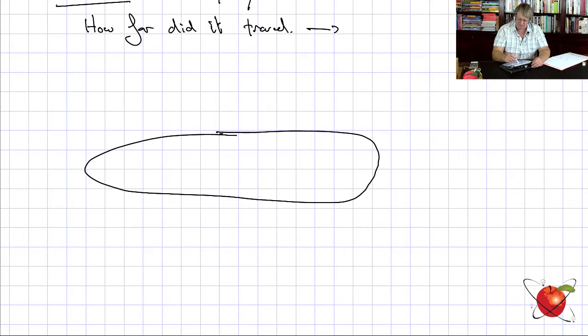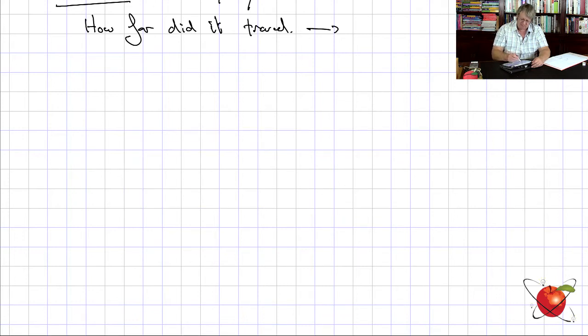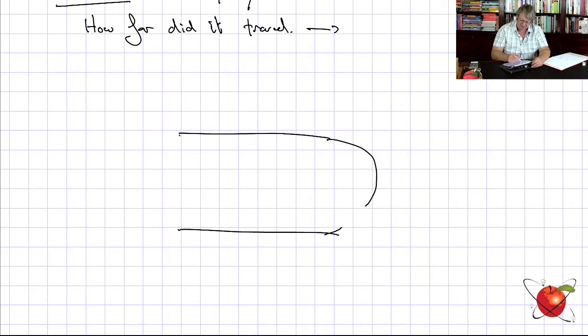Not the greatest, I could have done better. Let me try and do a little bit better for a track. We've got that piece, and that piece, and a semicircle there, and a semicircle at that end, like that. But you get the drift of what I'm trying to do here.